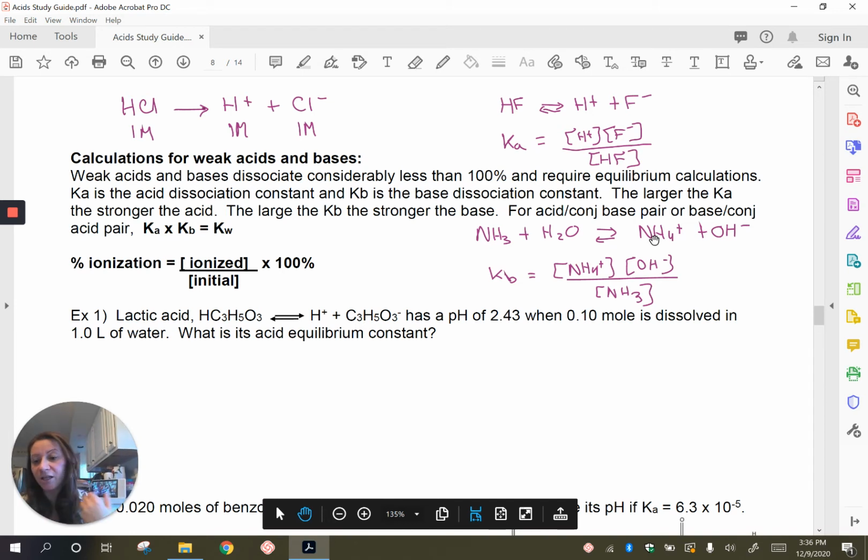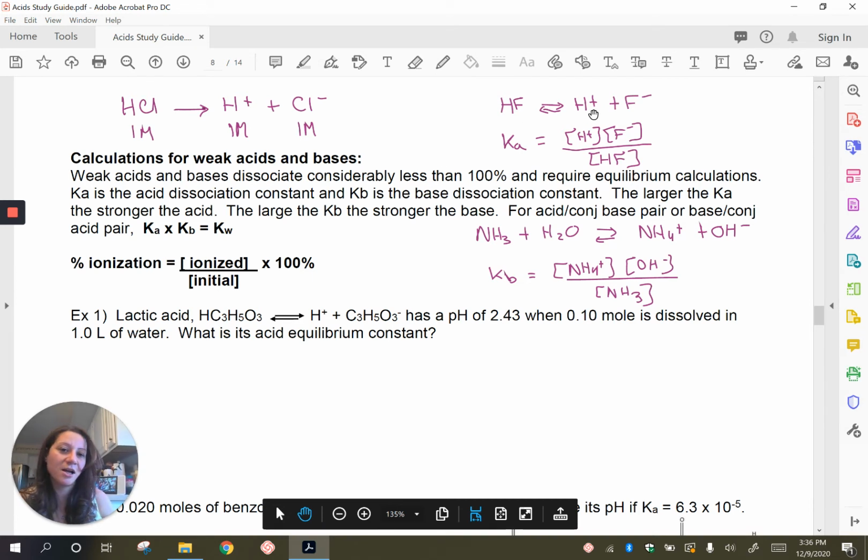Another way that we can tell the strength of the acid is by percent ionization. So the higher the percentage ionization, the stronger your acid or your base. So to find percent of anything, you would take what you're interested in, divide by the total times 100%.